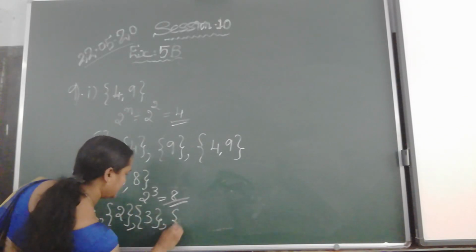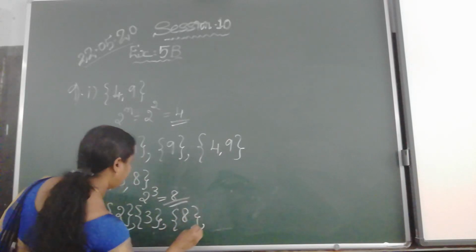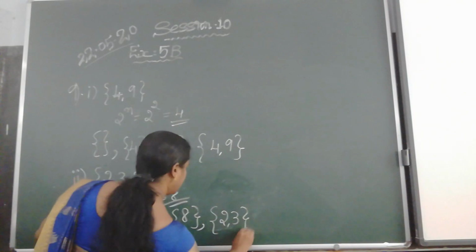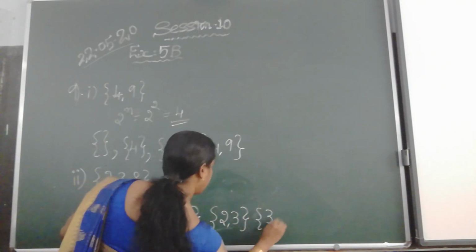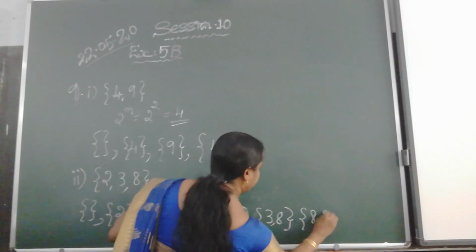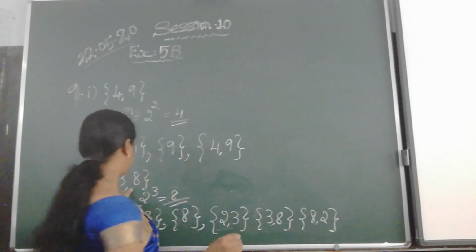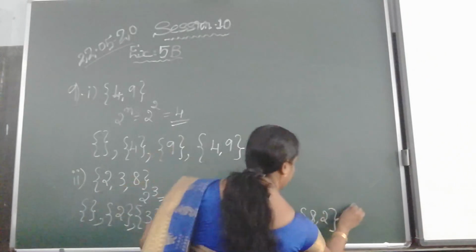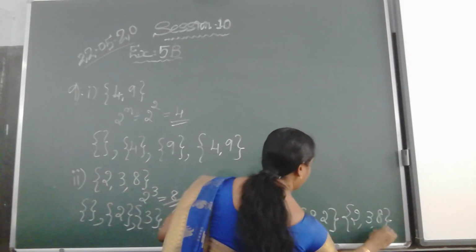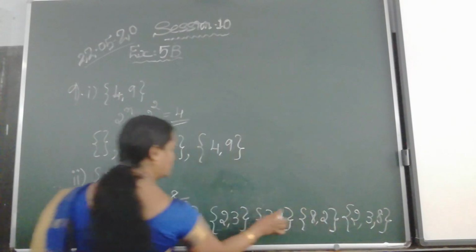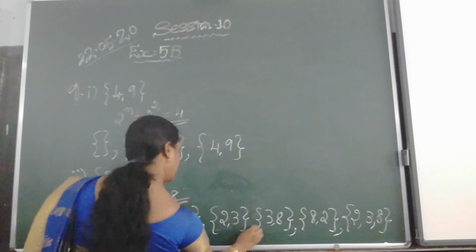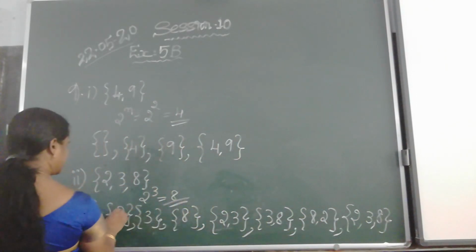Fourth one is {8}. After that {2, 3}. Next one is {3, 8}. After that {8, 2}, and the last one the same as the question given, {2, 3, 8}. Now count it. How many are you getting? 1, 2, 3, 4, 5, 6, 7, 8.